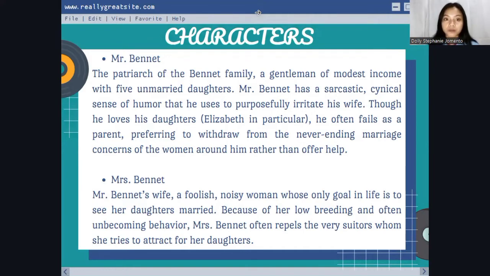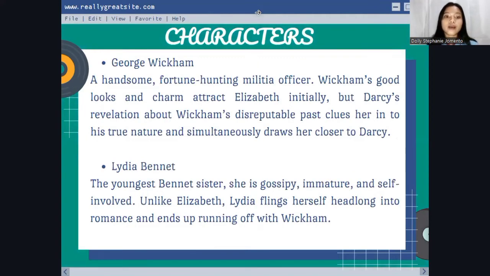Now we have here George Wickham, a handsome fortune-hunting militia officer.